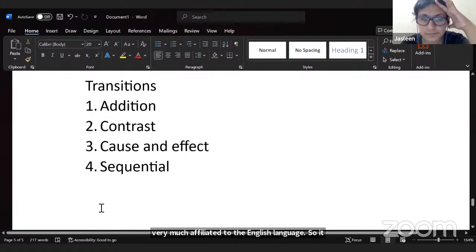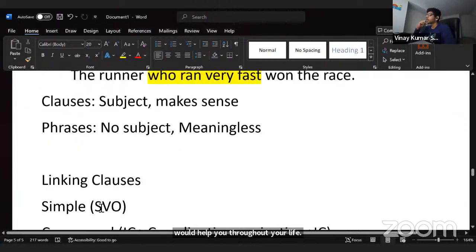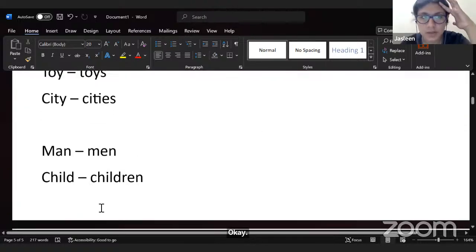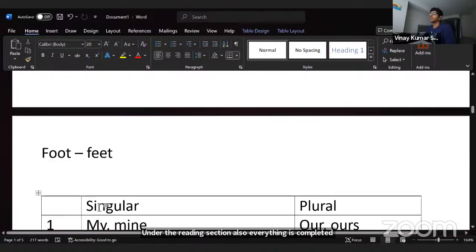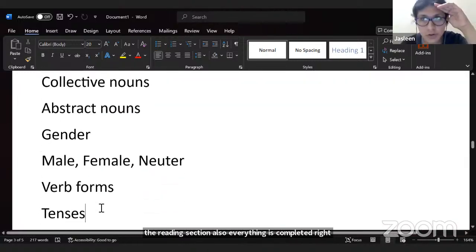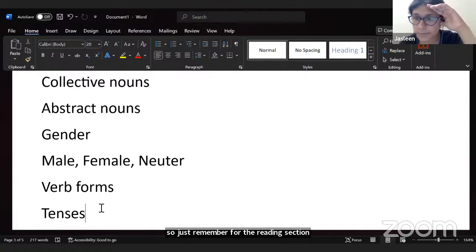Okay, so we have completed all the portion. Under the reading section also everything is completed, right? Yeah. So just remember for the reading section, don't exceed more than 1 minute for solving questions. For the reading section, one thing that is very important is that you have to keep a mind map ready with you.